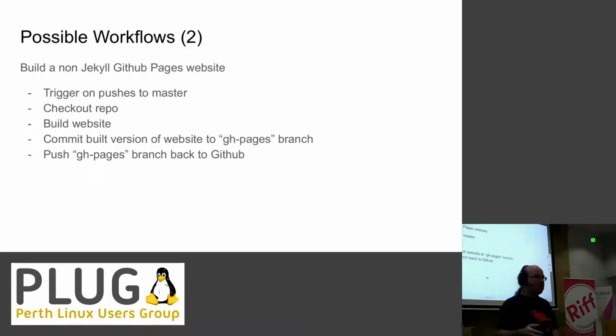So if you want to run a Hugo website, or even if you want to write your own site generator, you can do anything like that. So they're doing that via actions to publish.